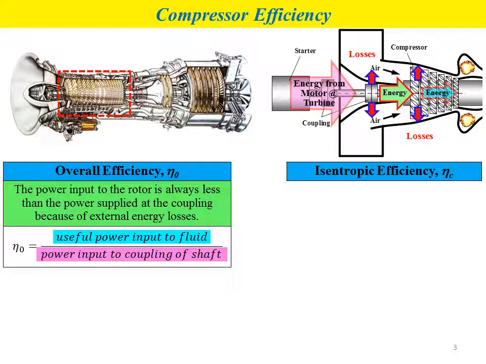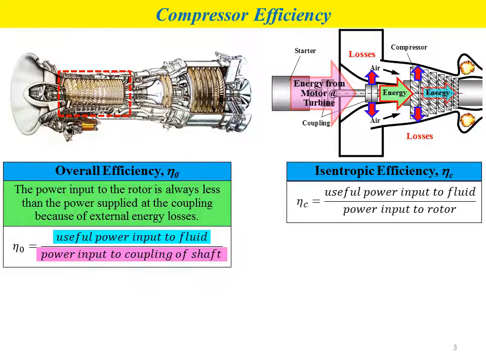The second general efficiency for the compressor is the isentropic efficiency mu c, where mu c equals useful power input to the fluid divided by the power input to rotor. The power input to rotor is represented by the energy shown by the green arrow in the diagram, and the useful power input to the fluid is represented by the blue arrow.